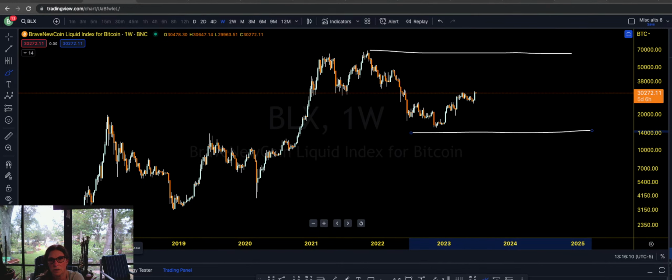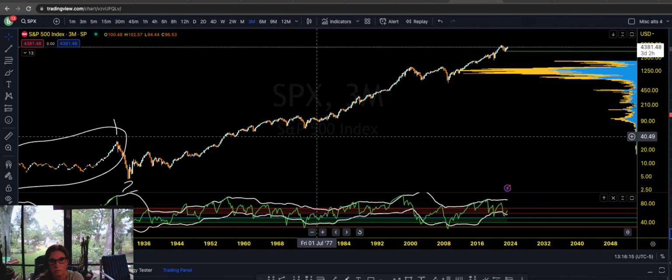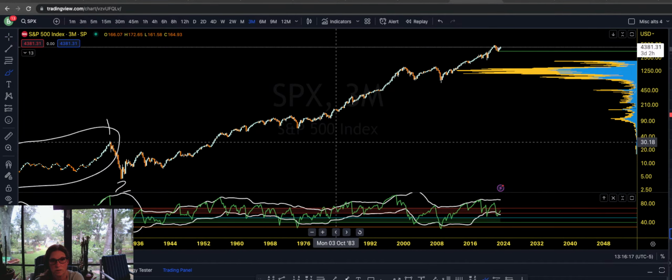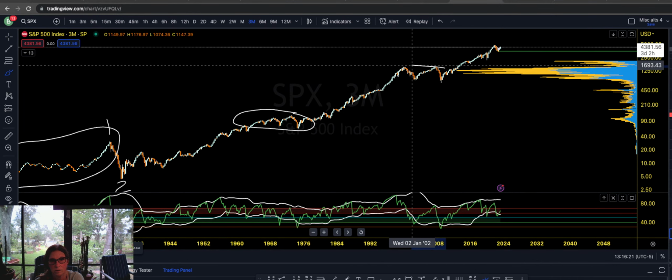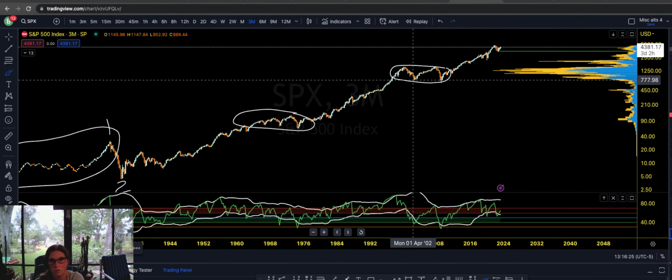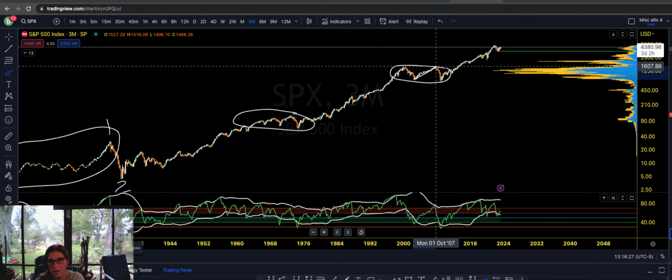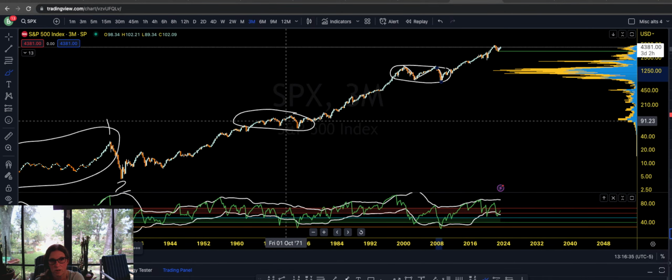That wouldn't surprise me at all. Okay? Because the SPX here, it did it here. Did it here? Okay? That's what I'm talking about. Where it breaks the all-time high, or just about does, and then we get this partner leg here. But it stays in a sideways range. Same here.